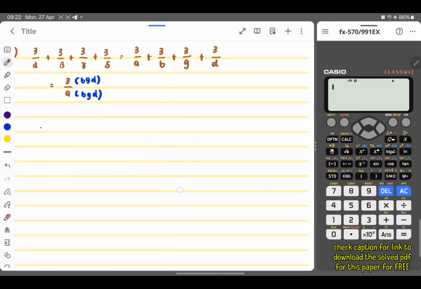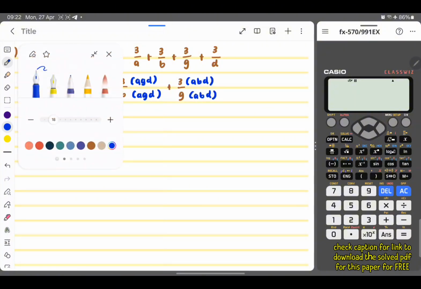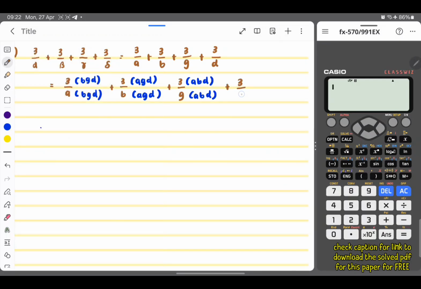Next one, I have 3 over B. I should multiply with AGD. Next, I have 3 over G. I will multiply both numerator and denominator by ABD. Last but not least, our fourth fraction, 3 over D. I will multiply this by ABG and ABG.